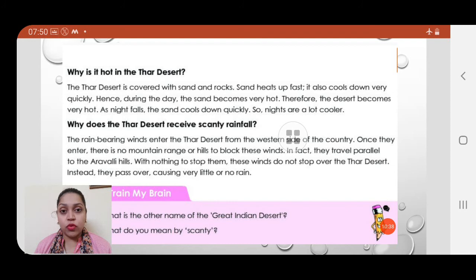But since there is no mountain or hill which can obstruct these winds, they cross over the Thar Desert and give rain to other areas instead of giving rain to the Thar Desert. So children, I hope it's very much clear to you.